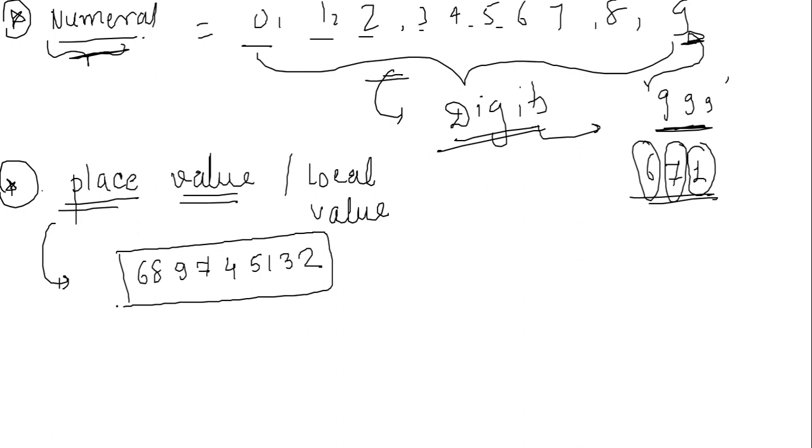We represent any given number like this particular huge number as 68 crores, 97 lakh, 45,132.